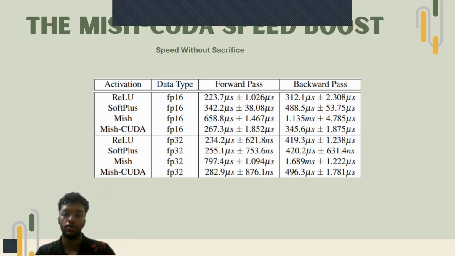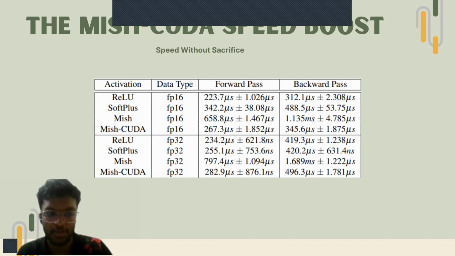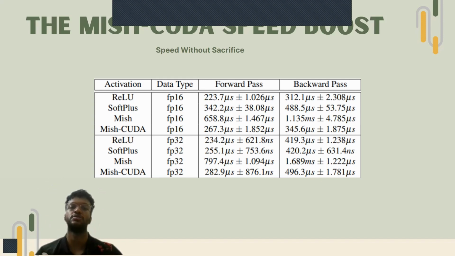To overcome this complexity, there was another extension called the Mish CUDA function. Mish CUDA is a GPU-optimized implementation that brings speed to the table. In the performance tests, as you can see in this presentation, Mish CUDA ran nearly as fast as the ReLU function and almost 3x faster than the original Mish function.